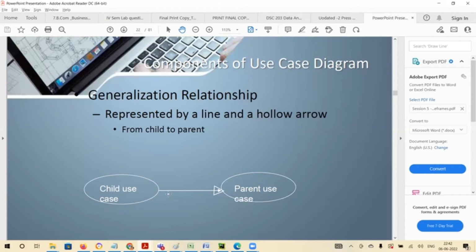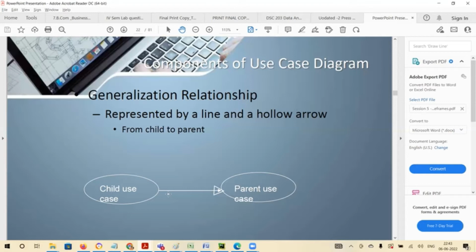But if you keep a single logic of checking the balance, all the other use cases can call it. It's called modular programming. So it's always better that you break into smaller pieces so that code is reused. Code reusability means saving time. You don't have to redo it again and again. So that's why it's better to use a child use case for this.